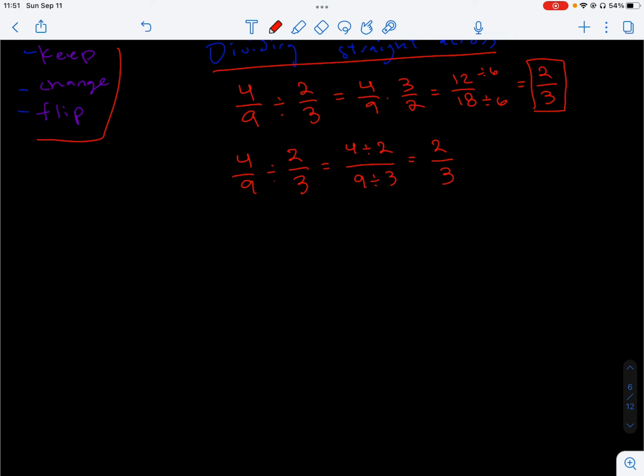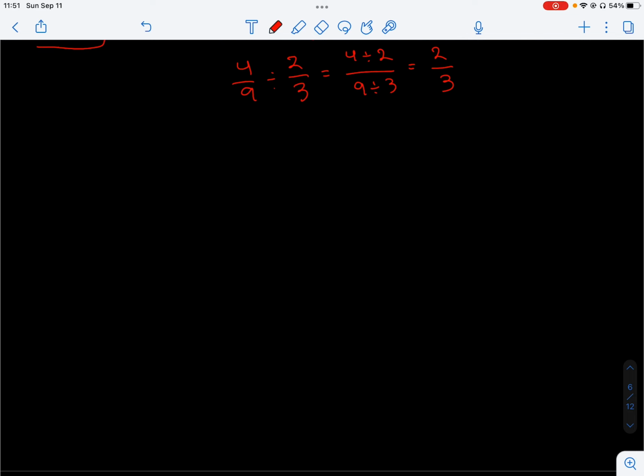What I will say, though, is sometimes the numbers are not going to be as nice. So, for instance, if I were to do 7/11 divided by 2, let's say 9ths, why not? This guy we'd have turned into 7 divided by 2 over 11 divided by 9, and hopefully you recognize that neither one of these are necessarily nice numbers.